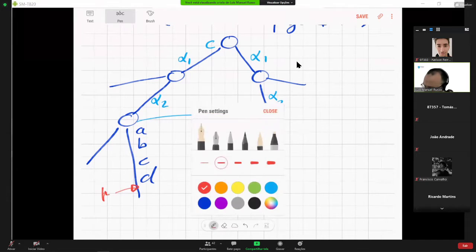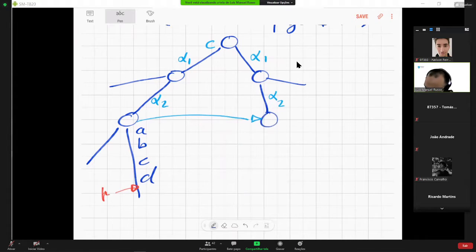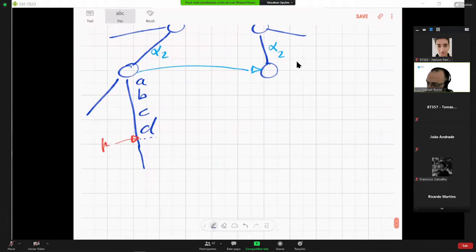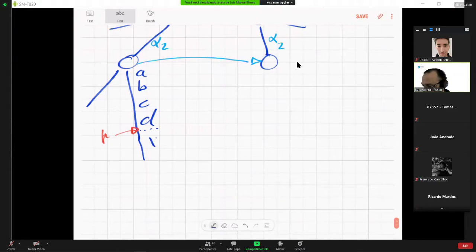There could be stuff down here, which I don't care about, because it's below the point. But there could be an X and a Y and stuff like that.